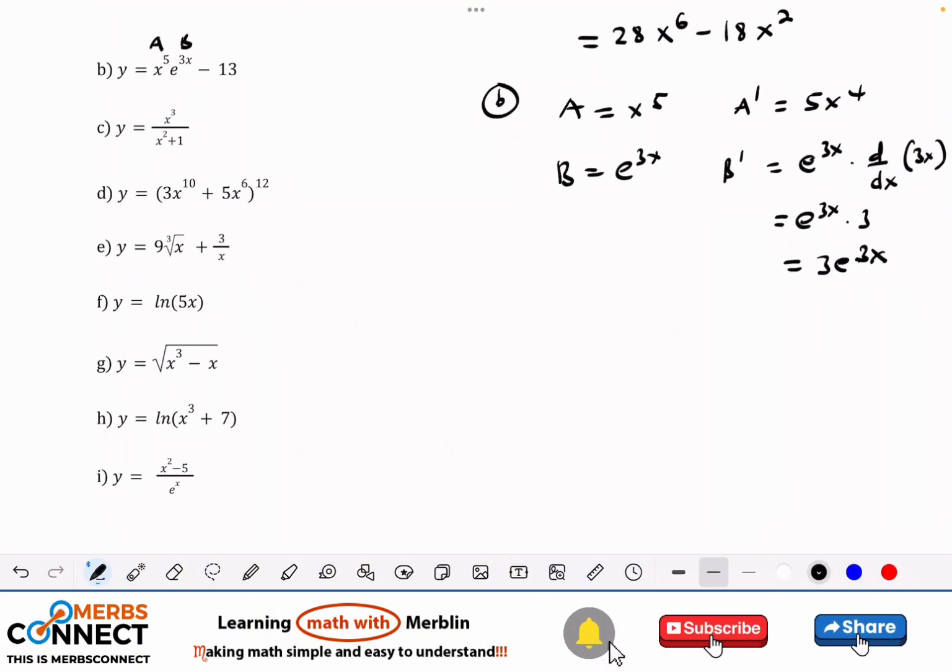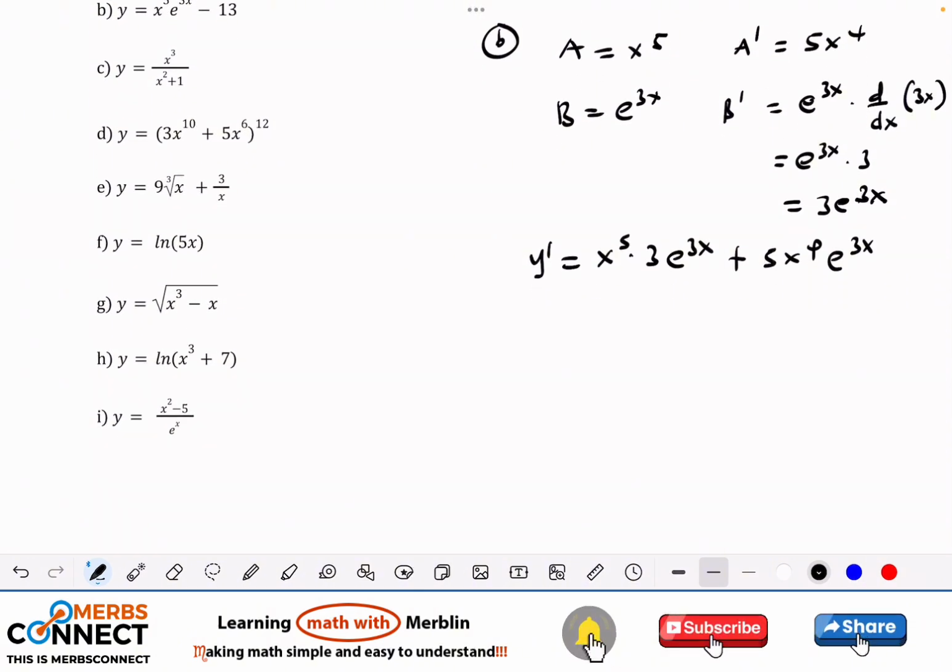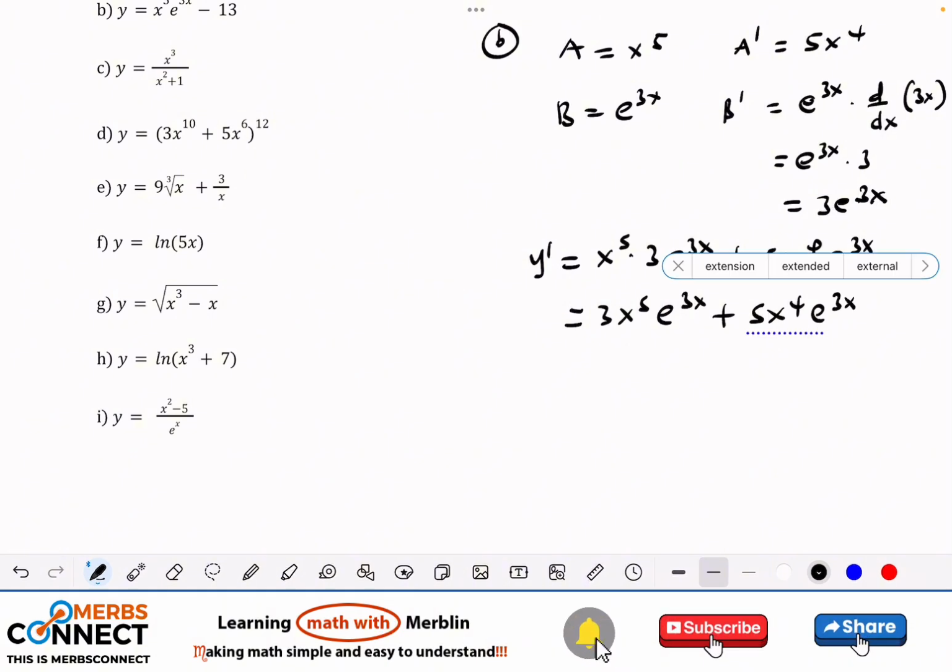So y prime is going to be, with the product rule, x to the power 5 times 3e to the power 3x, plus 5x to the power 4 times e to the power 3x. Then for a small simplification, I have 3x to the power 5 e to the power 3x plus 5x to the power 4 e to the power 3x.